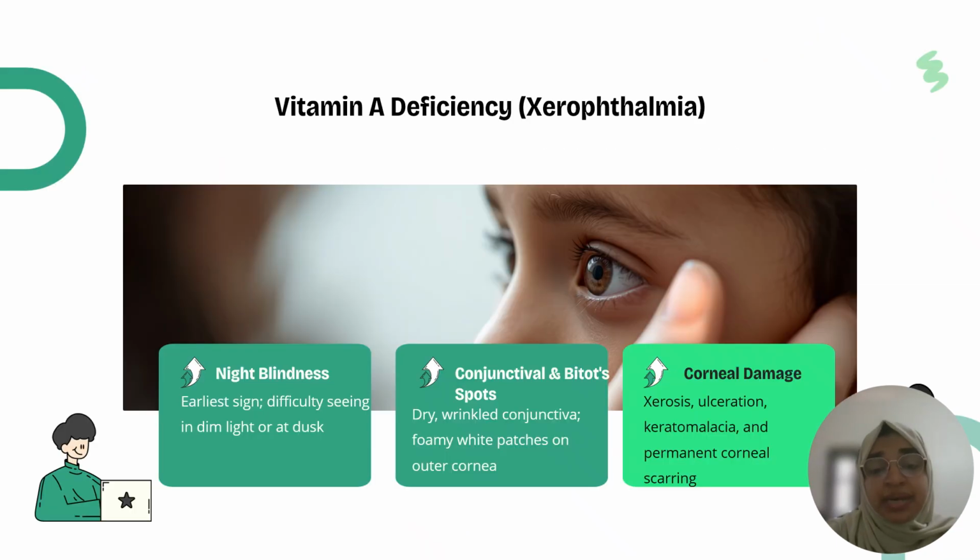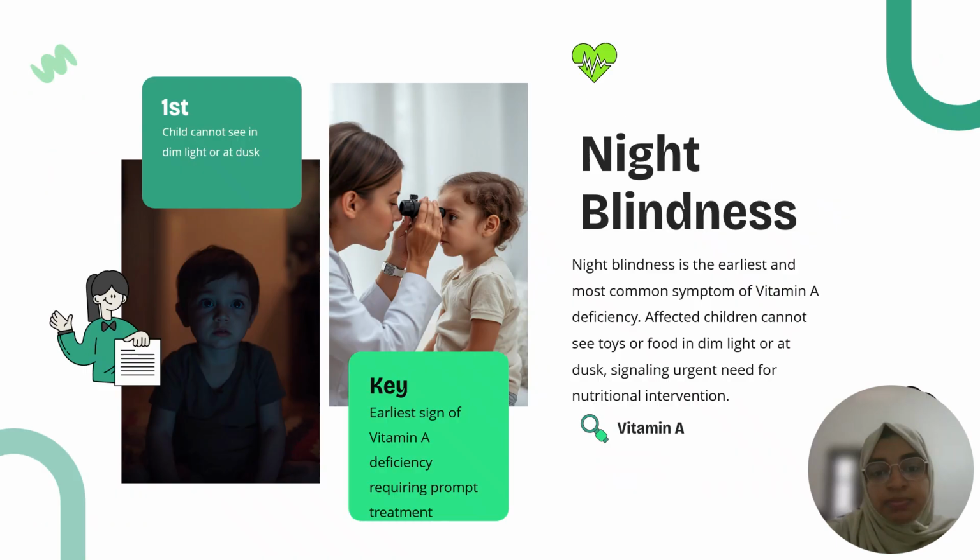Next, we enter into vitamin A deficiency diseases. Vitamin A deficiency is a progressive disease condition. It primarily affects the eyes and is collectively known as xerophthalmia. The condition progresses from night blindness to conjunctival and corneal changes, and if untreated, it may lead to permanent blindness.